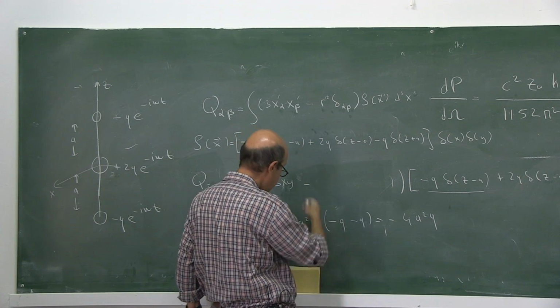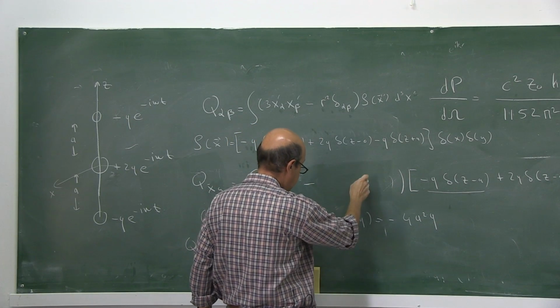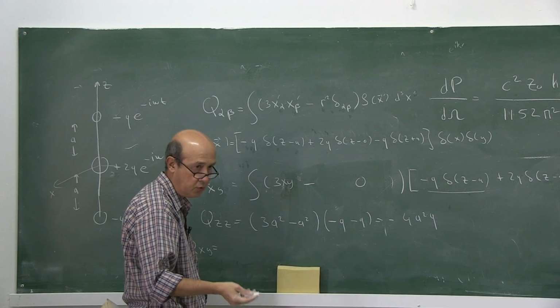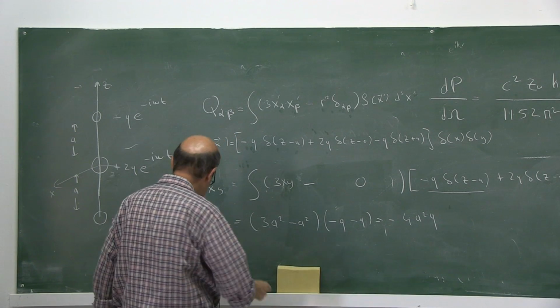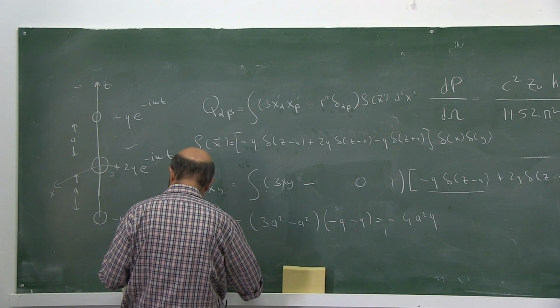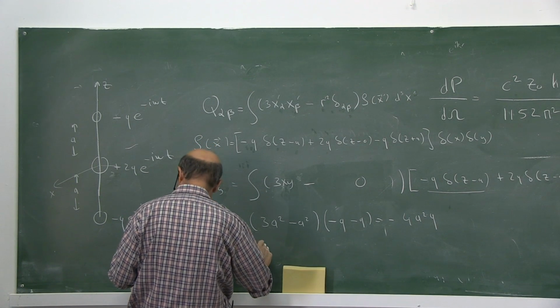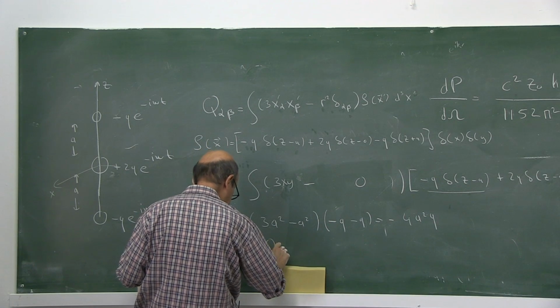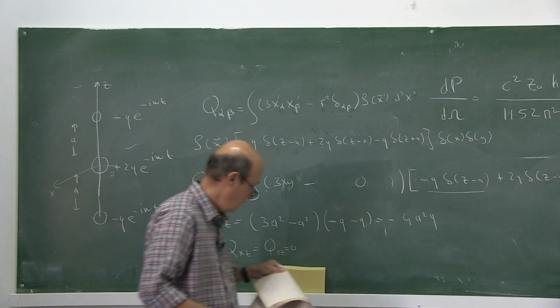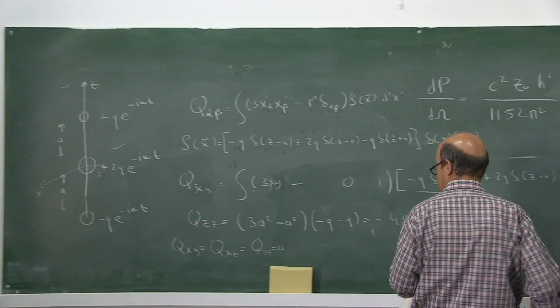This is x, this is y, this term is 0. x will be 0, y will be 0. So Qxy will be 0. Similarly, all cross terms will be 0. Qxz and Qyz, whatever you think, will be 0. All cross terms. So what terms will not be 0?